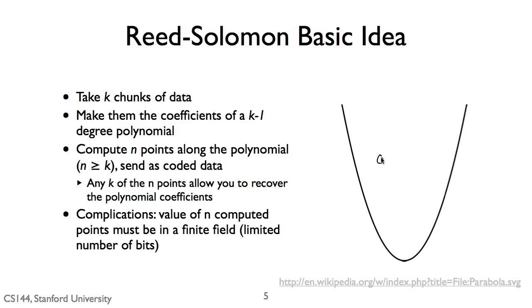So I have some ax squared plus bx plus c, then any polynomial of degree k, where here k equals 2, is uniquely determined by k plus 1 points. That means that if I give you 3 xy points, 3 xy points will uniquely determine for a parabola a, b, and c.